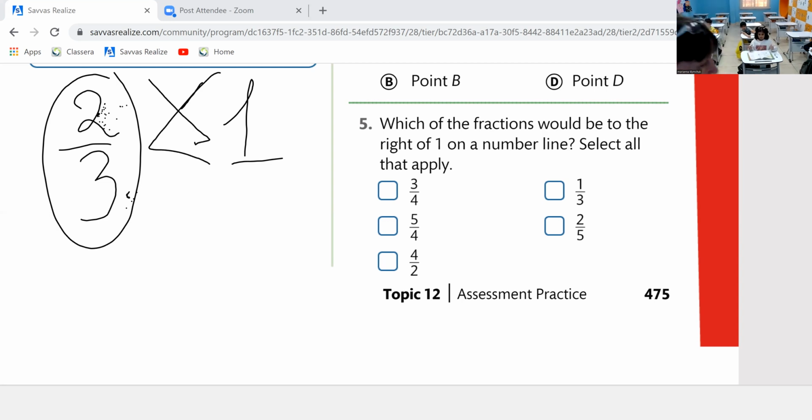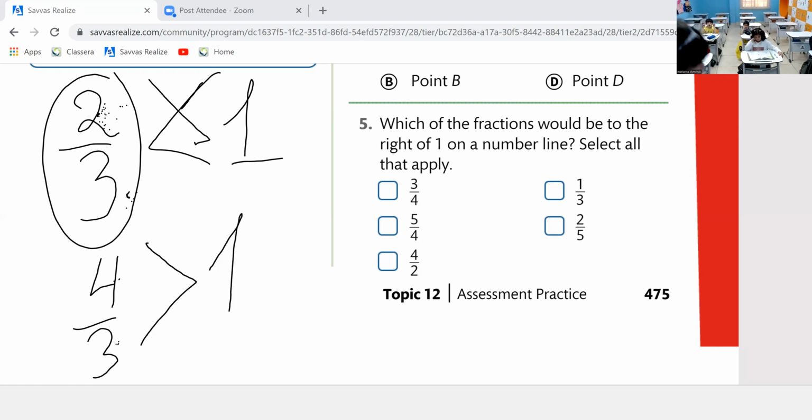Here, again, you look at the numerator and you see that number 4 is bigger than the denominator. That means that the fraction is going to be bigger than 1. That number at the top is bigger, the whole fraction is bigger. That number at the top is smaller, the whole fraction is smaller. This is the rule.